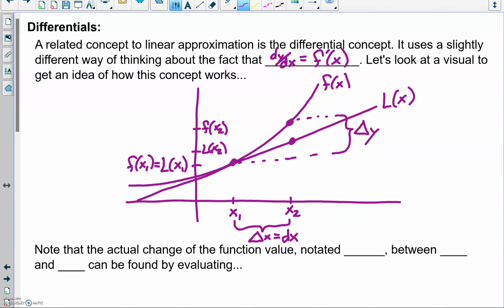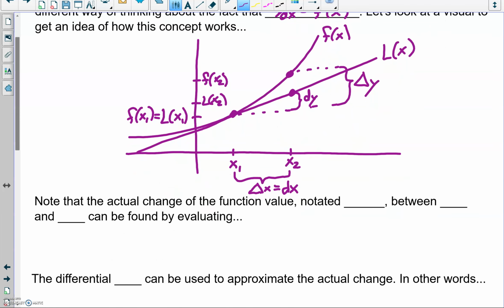However, on the derivative-based L of x, the dy is different than the delta y. So this differential dy is just an approximation of the delta y.